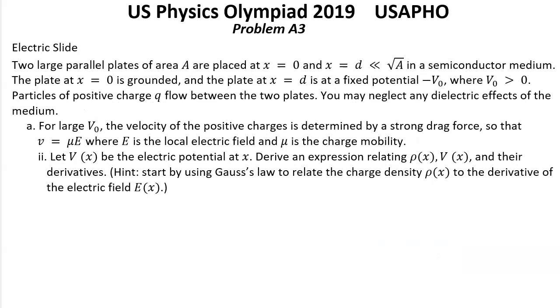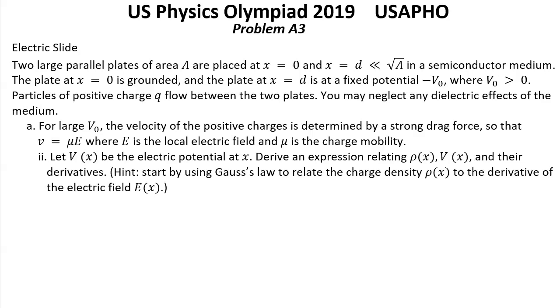Question 2. Let V be the electric potential at x. Derive an expression relating rho, V and their derivatives. Hint: start by using Gauss's law to relate the charge density rho to the derivative of the electric field E. Solution for the second question.